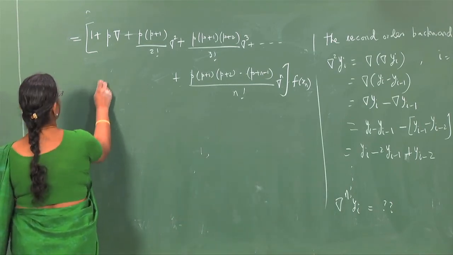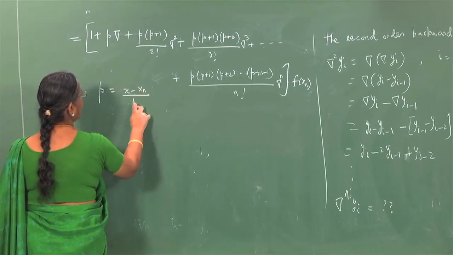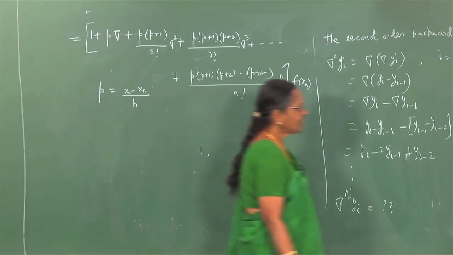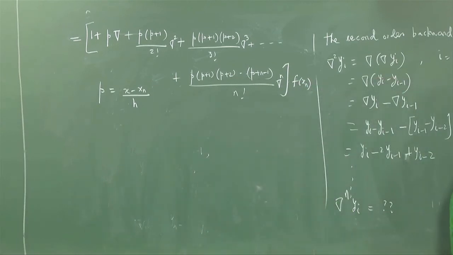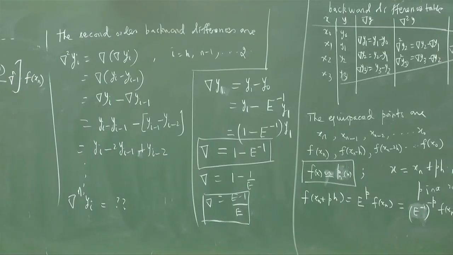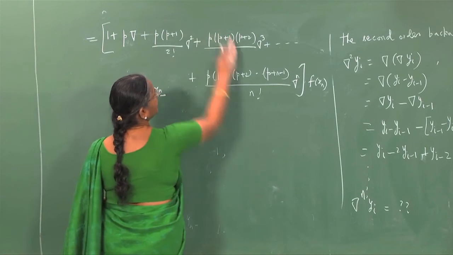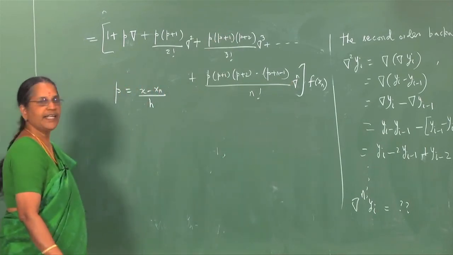So, what is here p? P is x minus xn divided by h. What is h? H is the difference between any two successive xi values. So, when I substitute for p in terms of x, I obtain a polynomial of degree n.